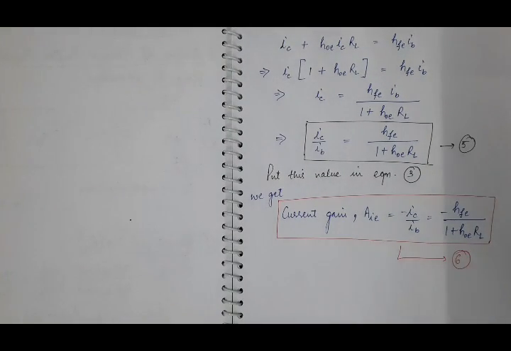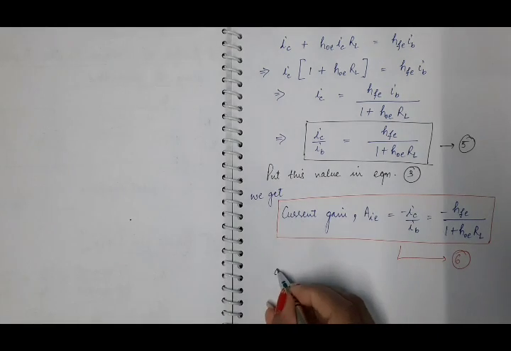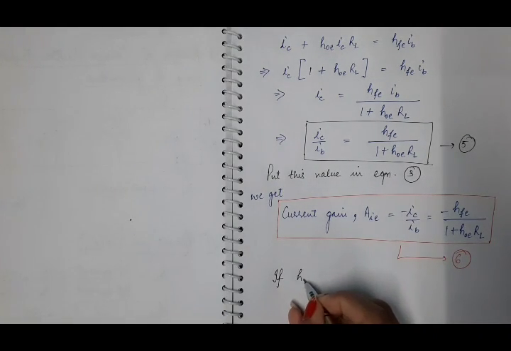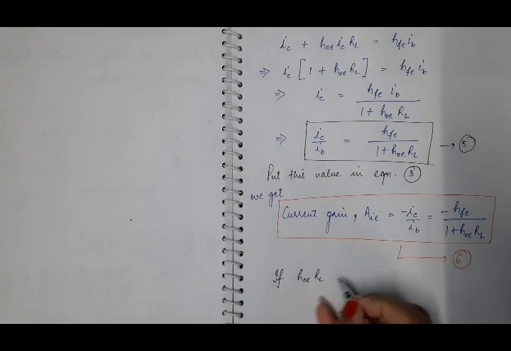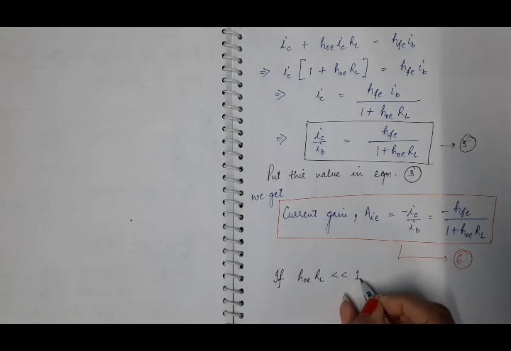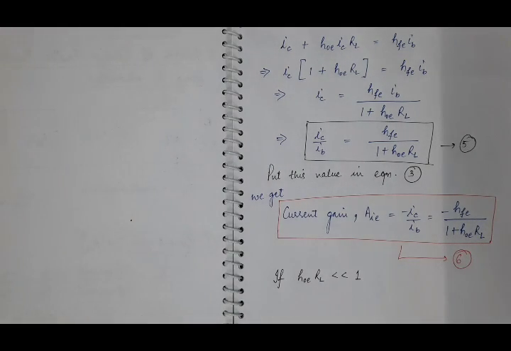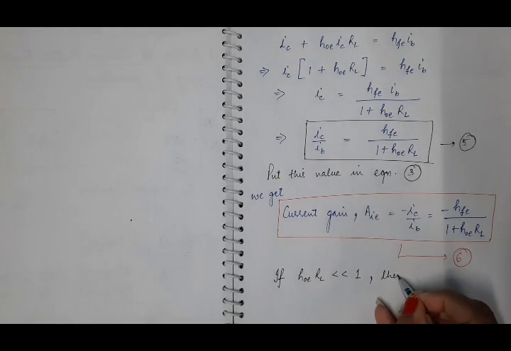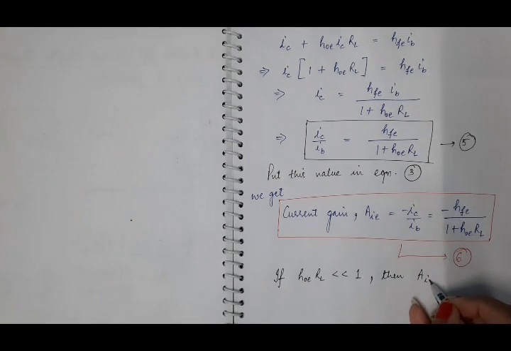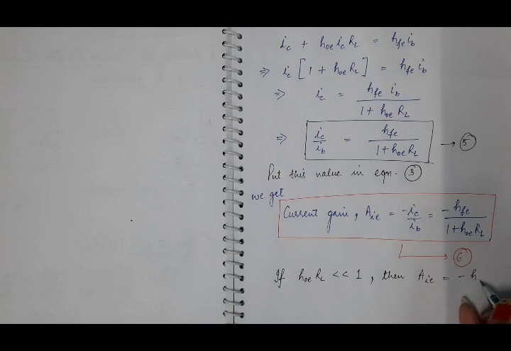Now it has one special case. What is the special case? If this term HOE RL is very much smaller than 1, then you can ignore this term as compared to 1. Then current gain AIE will be equal to minus HFE.